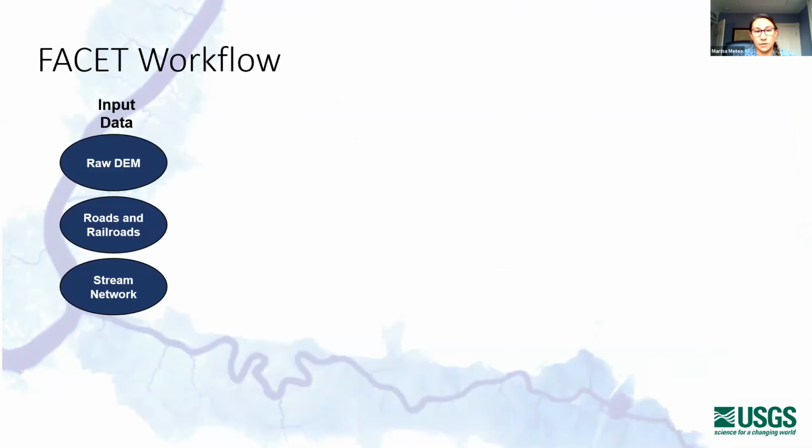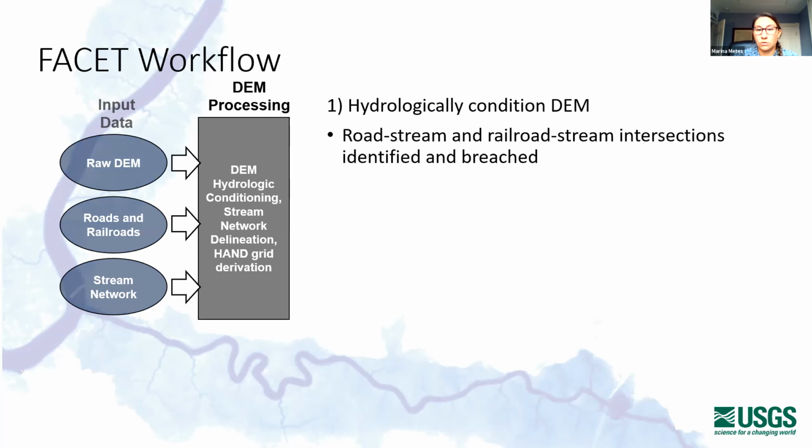The input data sets are a raw digital elevation model, a road and railroad layer or a culvert layer, and an existing stream network. These layers are necessary to first hydrologically condition the DEM if you don't already have one that's hydrologically conditioned. We identify road-stream and rail-stream intersections and breach the DEM at that location.